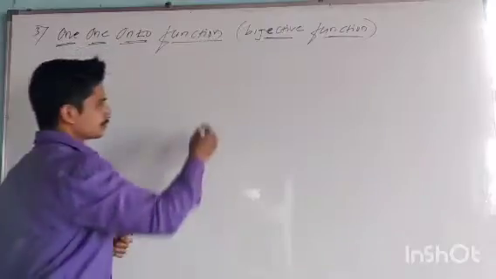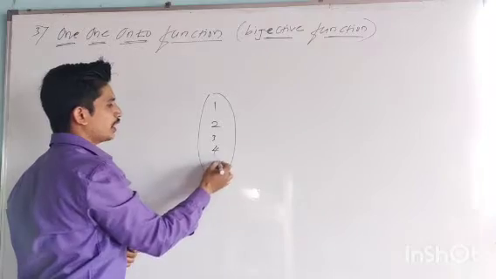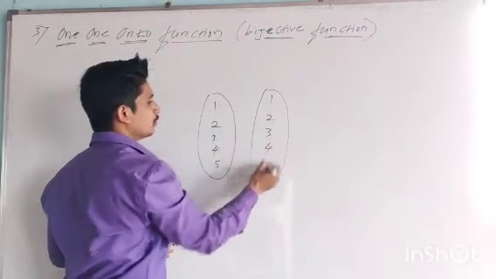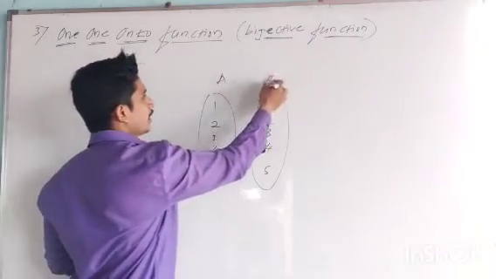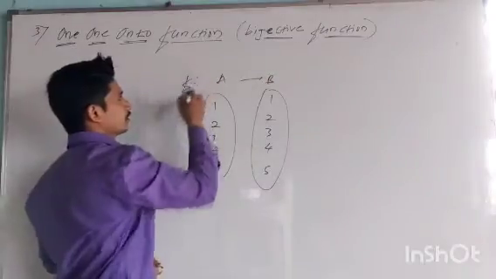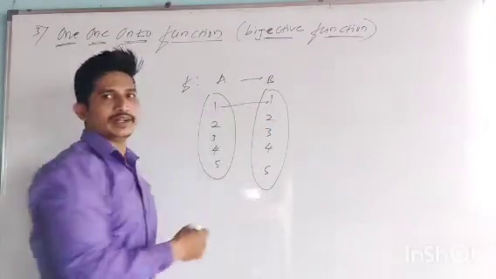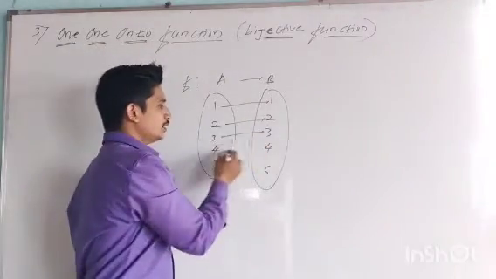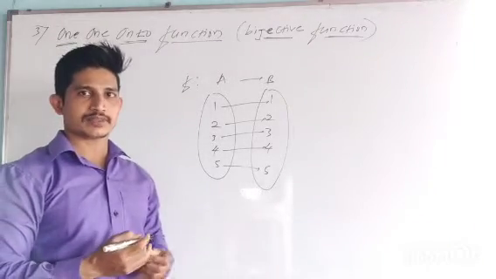Now see here 1, 2, 3, 4, 5, and here also 1, 2, 3, 4, 5. Now A set and B set. Now see here, for 1 there is an image, for 2 an image, for 3, 4, 5 an image.